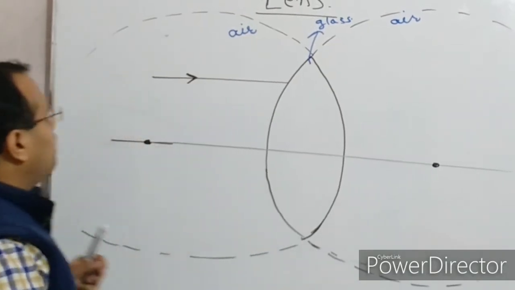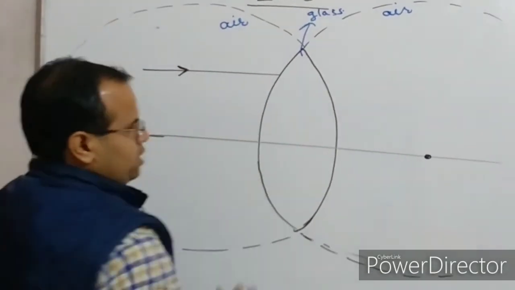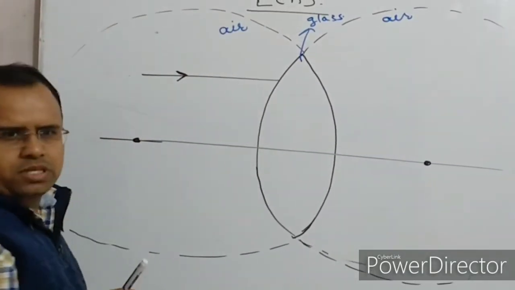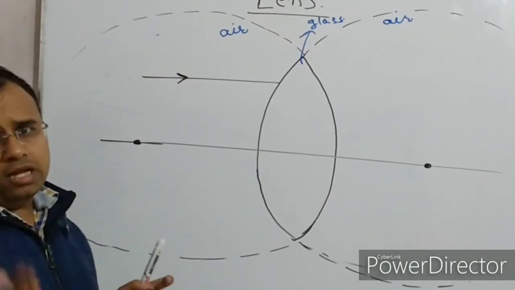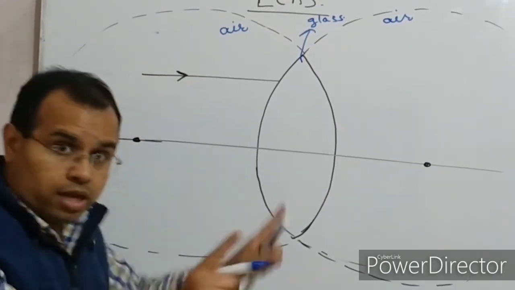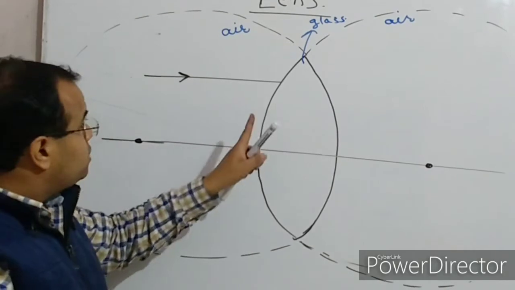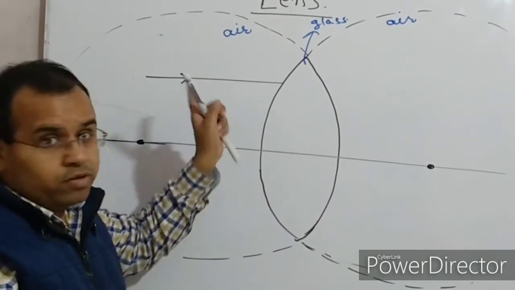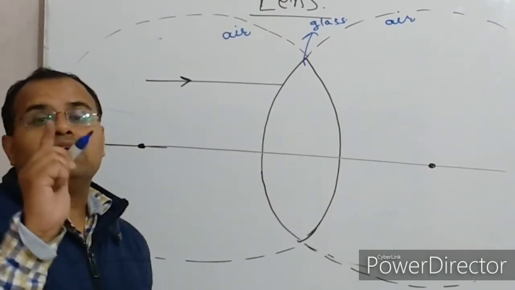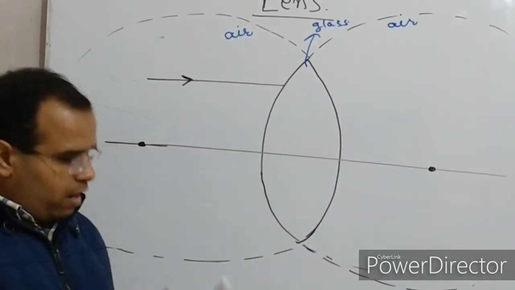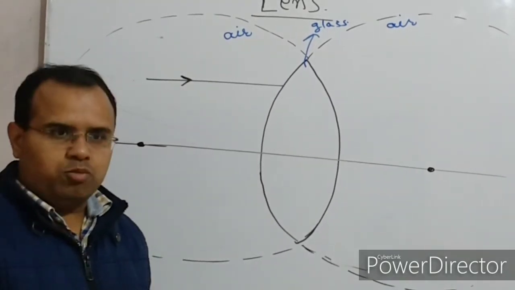When light passes from air to glass at this point of incidence, because it is traveling from a rarer to a denser medium, it bends towards the normal. So we have to draw the normal at this point.